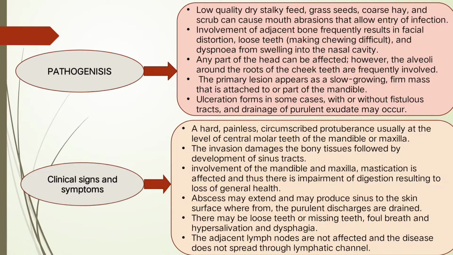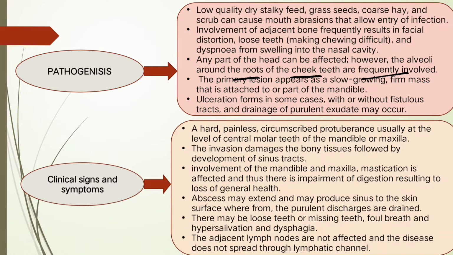After entry, the organisms reach the bony structures, resulting in facial distortion, loosening of teeth, which makes chewing difficult, and dyspnea from swelling into the nasal cavity. Any part of the head can be affected. However, the alveoli around the roots of the cheek teeth are frequently involved.